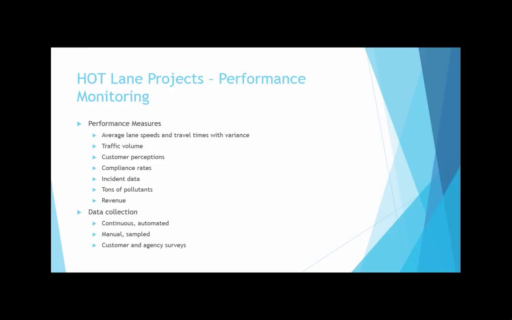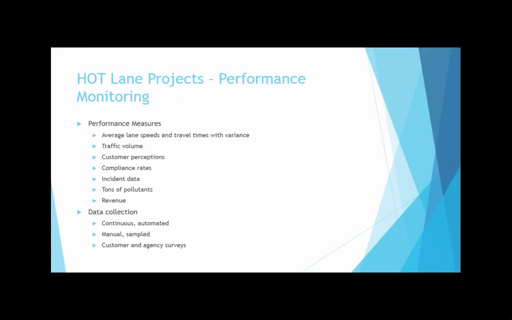Other performance measures can include average lane speeds, travel times, the variance of both, traffic volumes, as I mentioned, customer perceptions, compliance rates, incident data, how many pollutants are in the air, and there may have been revenue goals set. So revenue is also an important performance measure for HOT lane projects.